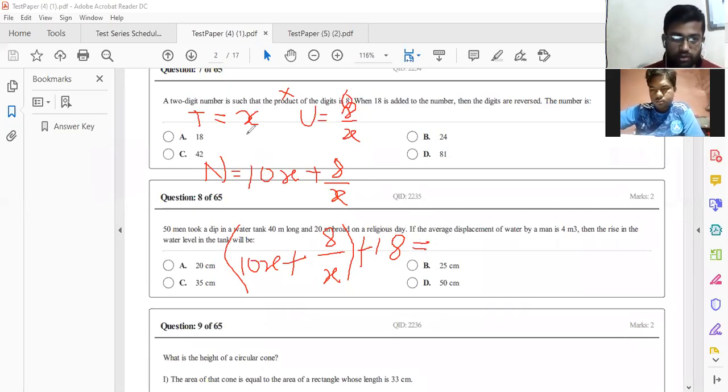Means now your tens place becomes unit place, and unit place becomes tens place. So your new number will be 10 multiplied by 8 by x, plus x.